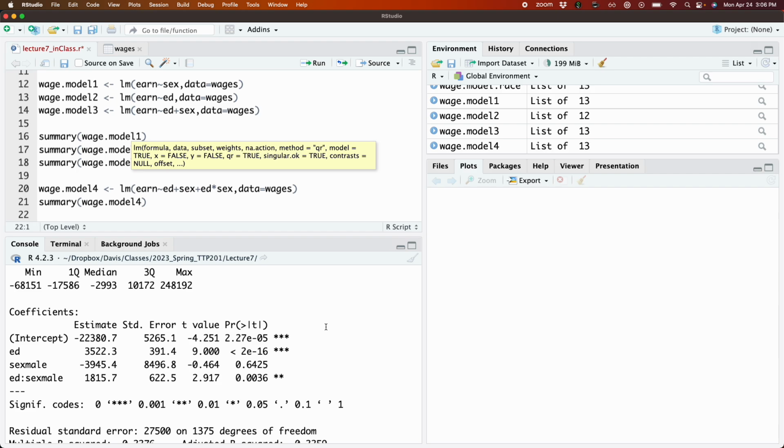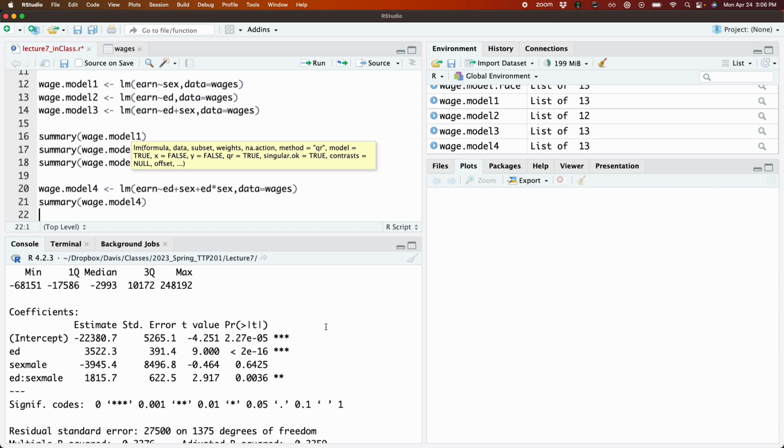So on average, for a male, each additional year of education, I'm making $5,300 more, as opposed to a female who would only be making $3,500 more.